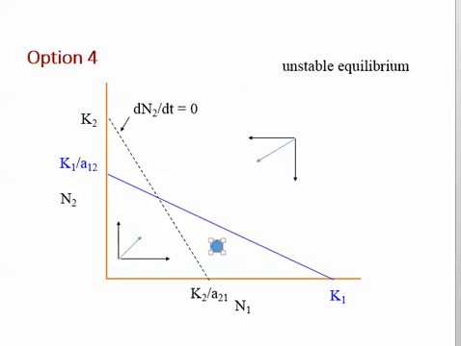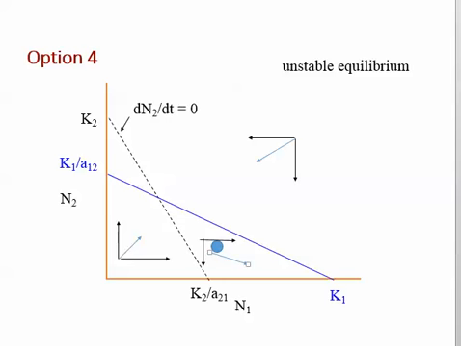Well, quite simply, we're below the species 1 zero net growth isocline. Their populations would increase, but we're above the isocline for species 2, and we'd have a tendency to move in this direction here.